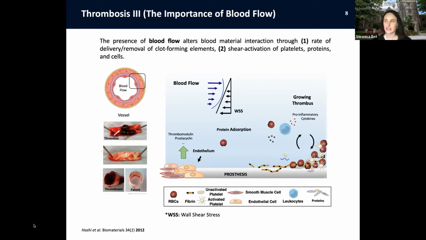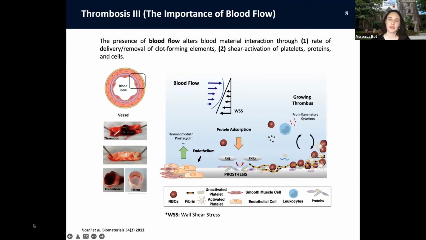For example, in the early stages of blood material interaction with a vascular prosthesis material like PTFE, the adsorption of plasma proteins, platelets, and cells is altered by local blood flow conditions. So this can affect the rate of delivery and removal of clot-forming elements, for example. It can also result in shear activation of proteins like von Willebrand factor and platelets, conformational dependence, which can accelerate clot formation and render certain materials or implants more prone to failure.